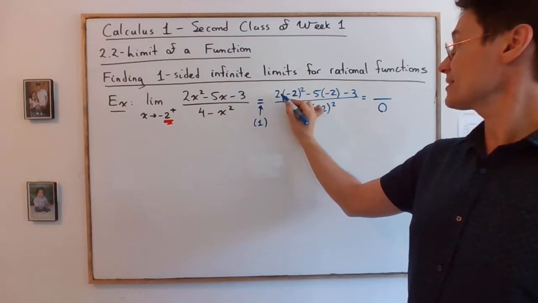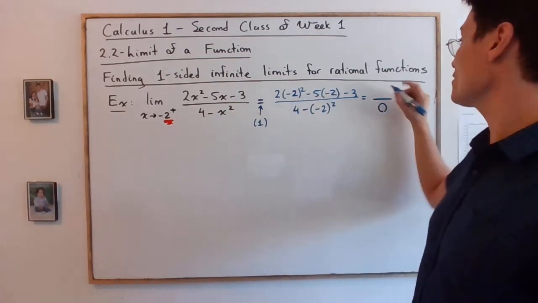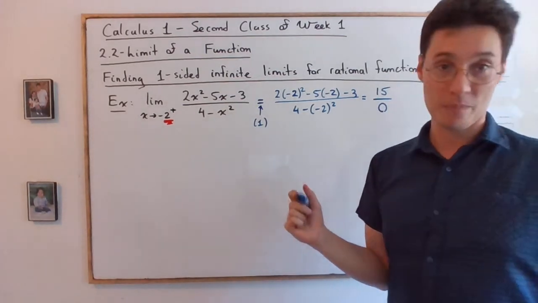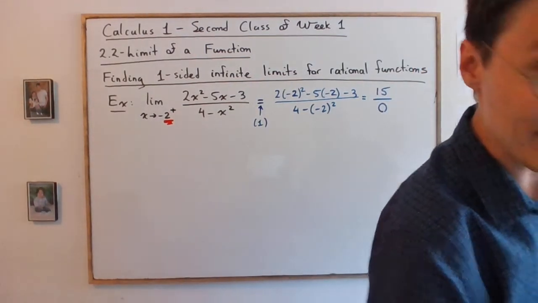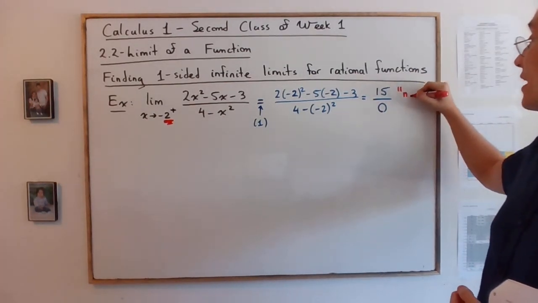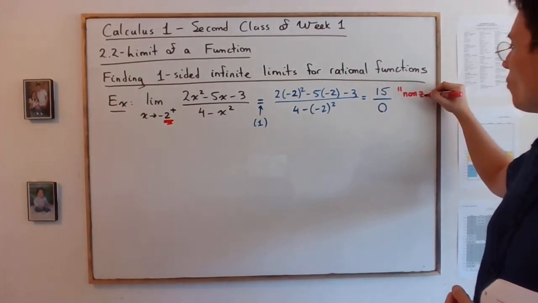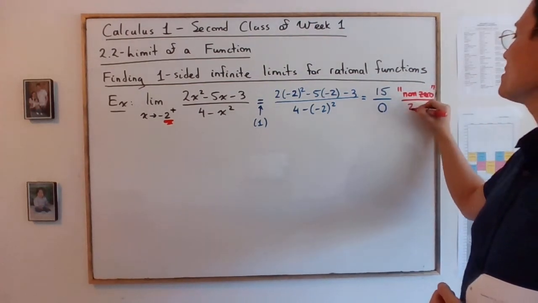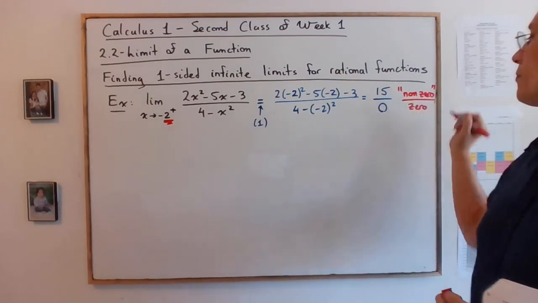So we have 8 plus 10, 18, minus 3, 15. So we get 15 over 0. Okay? Now, this means that indeed we have a vertical asymptote. This is like a non-zero over 0.